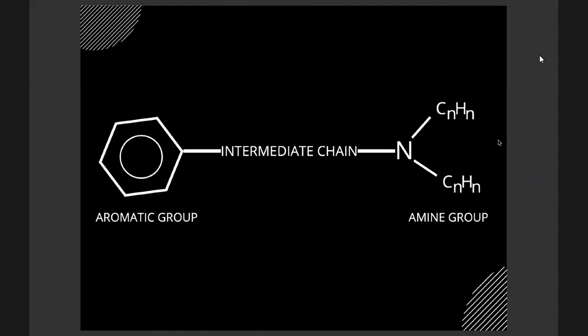So this is the structural formula, or the chemical structure, of your local anesthetics. Your local anesthetic molecule consists of 3 building blocks. You have the aromatic group, or the benzene ring, or the lipophilic portion of your local anesthetic, and the amine group, or the hydrophilic portion.